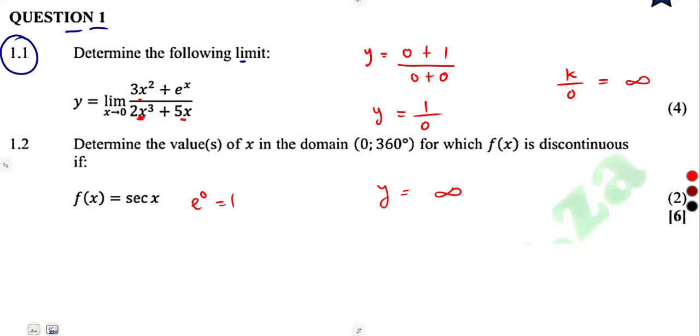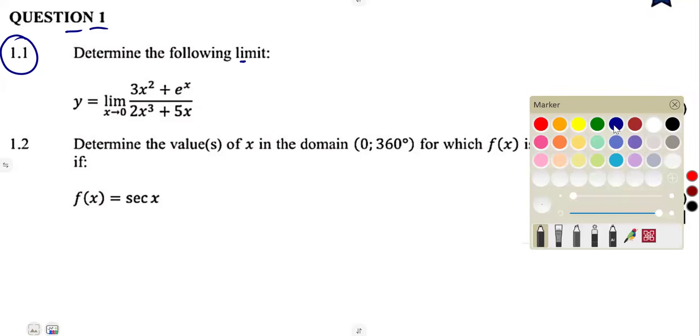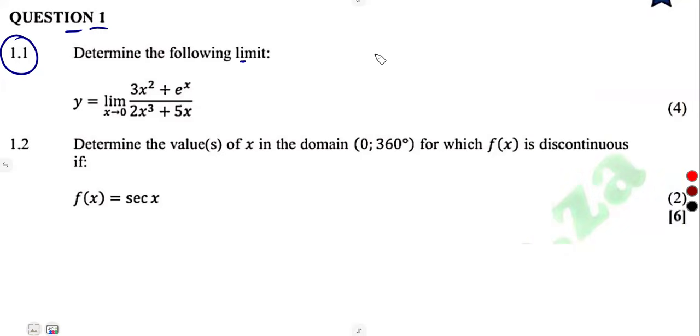But in a basic consideration of our N5, they are not going to give us a basic question like that where we are not going to apply our derivatives, the L'Hospital's rule. So in that case, it was supposed to be actually infinite.